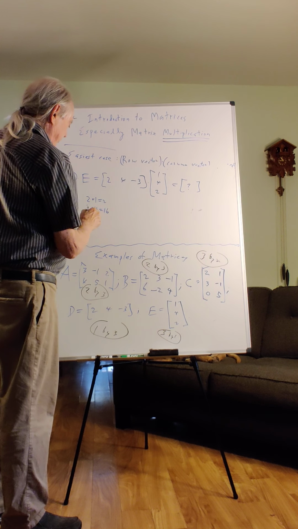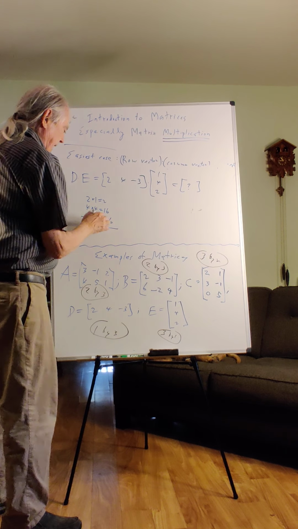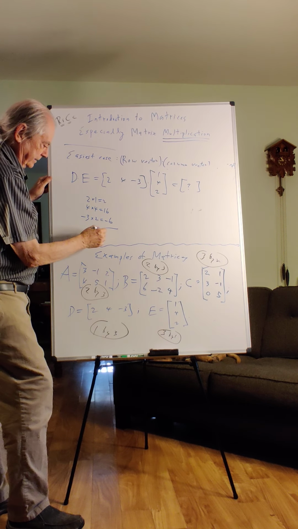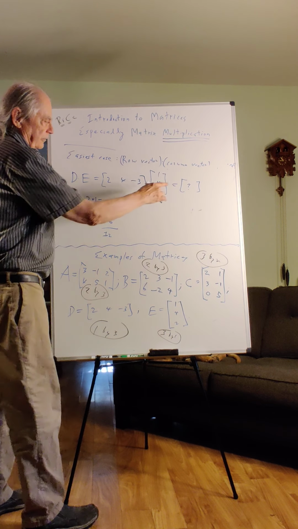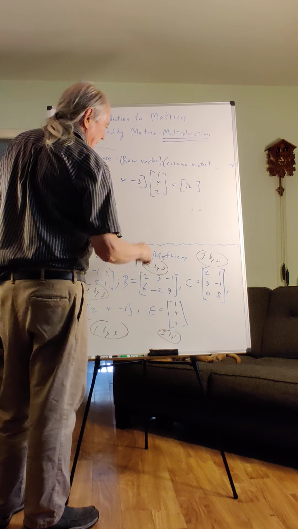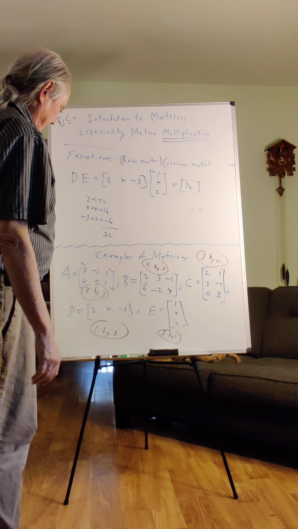And negative 3 times 2 is negative 6. And you add these numbers. So in this case, that would be 12, wouldn't it? That's the number that goes here. Okay.